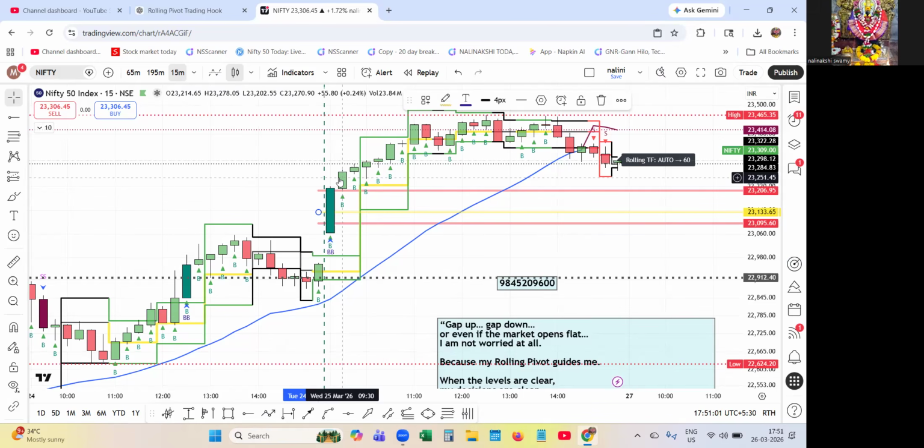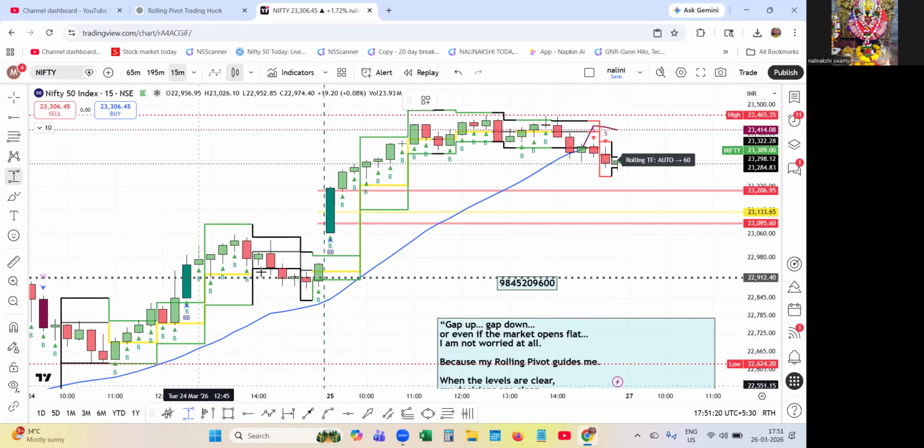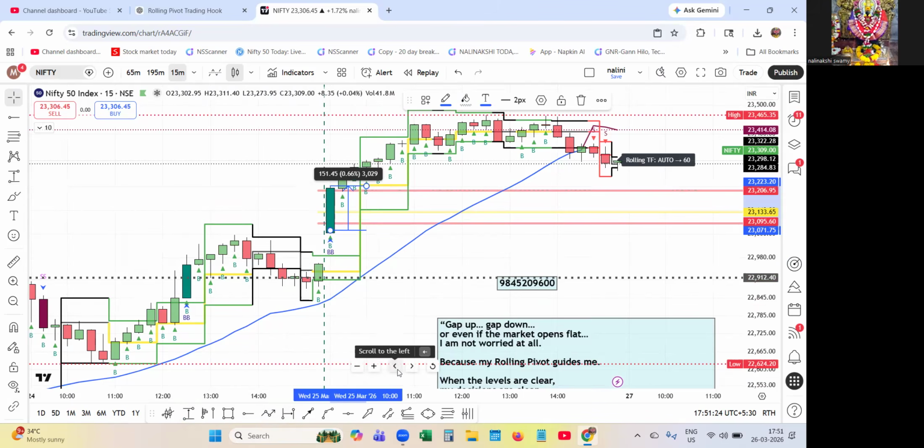Big bar, where to enter? So many times after the big bar, immediately a red candle will come. And what if I get stopped? Because the big bar is huge, the range is huge. For example, if I measure the range of this bar, the first 15-minute candle bar is 151 points.